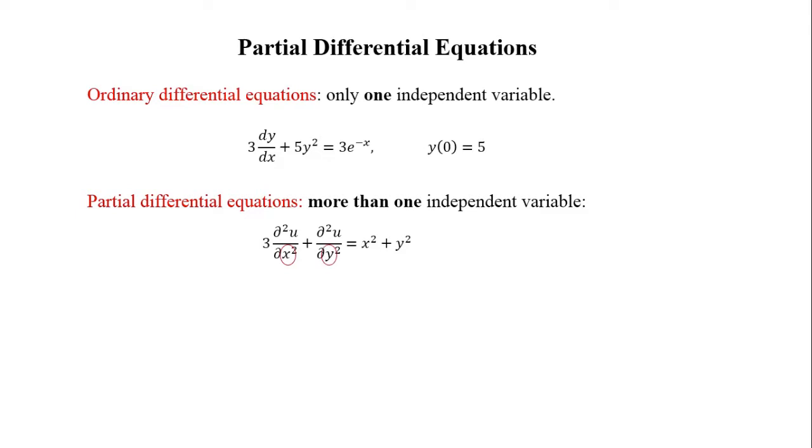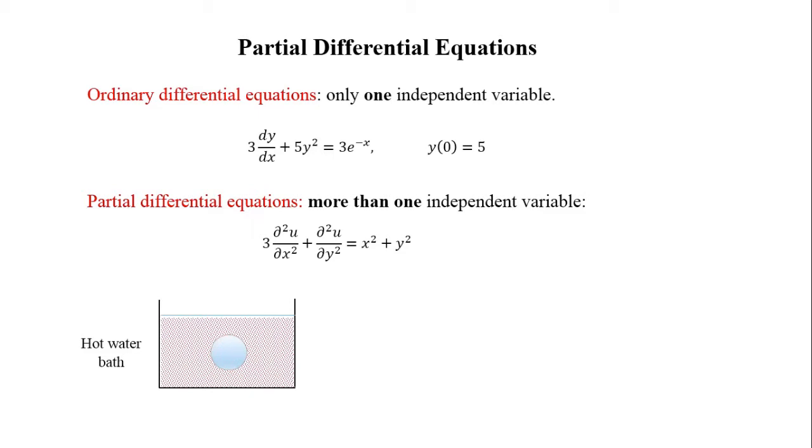Let us look at a physical example to understand the difference between ordinary and partial differential equations. Here we have a hot water bath which is maintained at some hot temperature. If we submerge a spherical ball into this, then due to the temperature difference between the hot water bath and the spherical ball, heat transfer will take place from water to the ball.